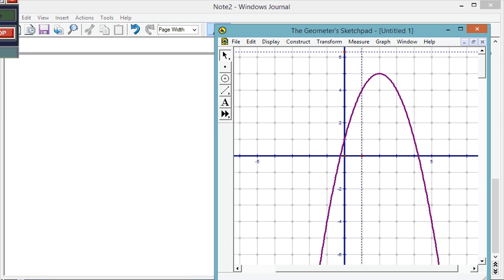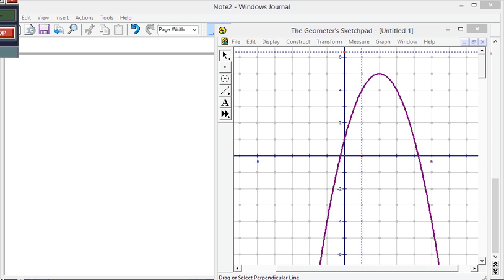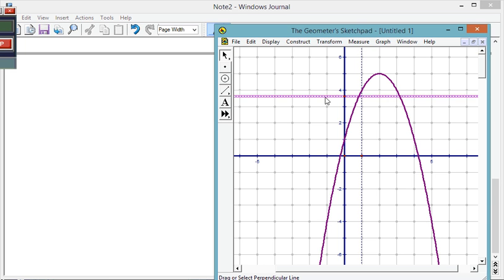And it crosses right here where y is 4. So there's a point on the graph right here where x is 1 and y is 4. So the point 1, 4 is on our graph.